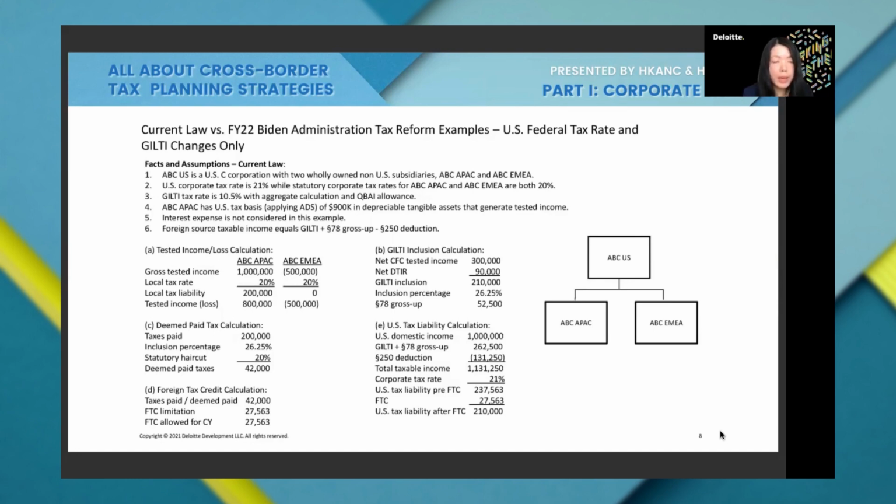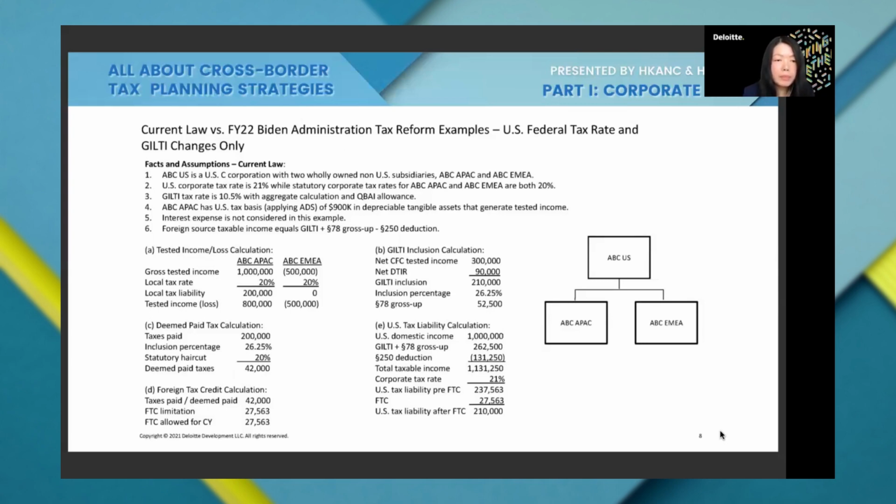In my example, and you can look at it later, I am not going to walk through step by step, but basically ABC US owns 100% of ABC APAC and 100% of ABC EMEA. The facts and the assumptions are the same for both examples.